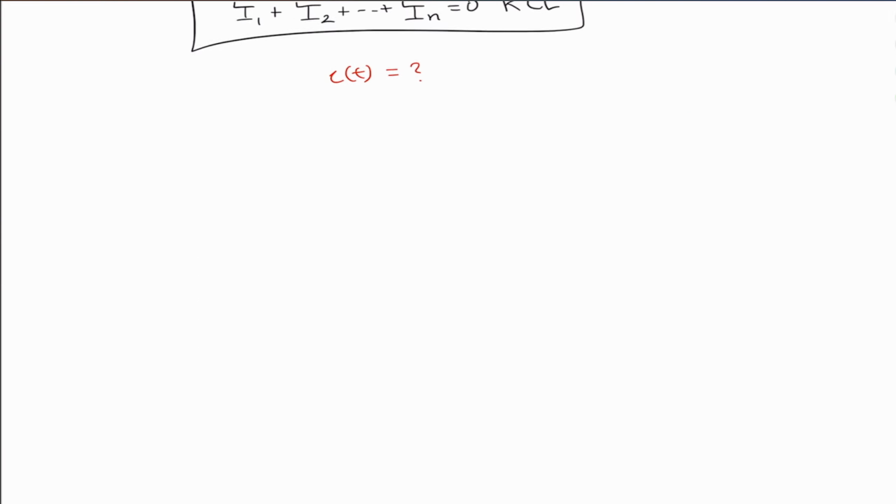So, step 1, we adopt the positive cosine reference. Instead of working in the time domain, we can obtain a desired solution by applying the phasor technique and avoid the sine and cosine functions.